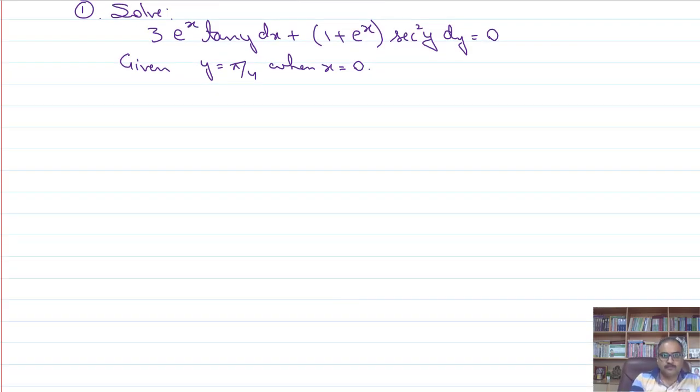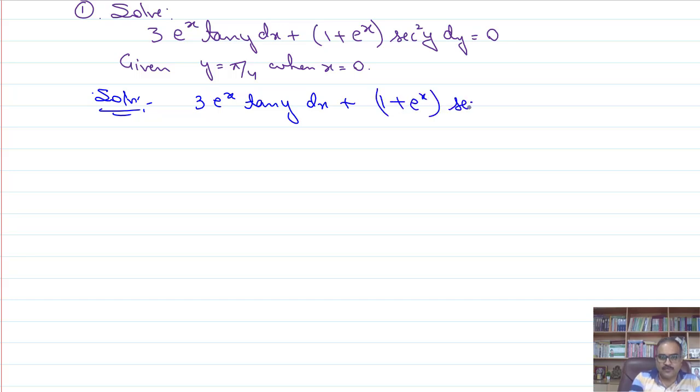So first of all, the given differential equation is 3 times e raised to power x tan y dx plus 1 plus e raised to power x into secant square y dy is equal to 0. First of all, what we have to check is whether any of the terms consists of both of the variables at a single time.